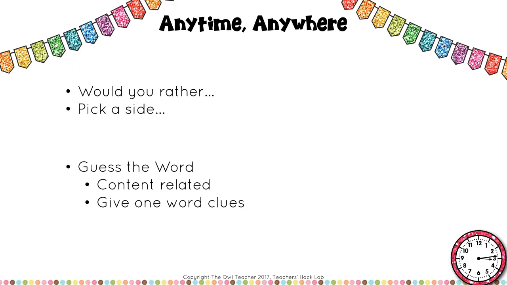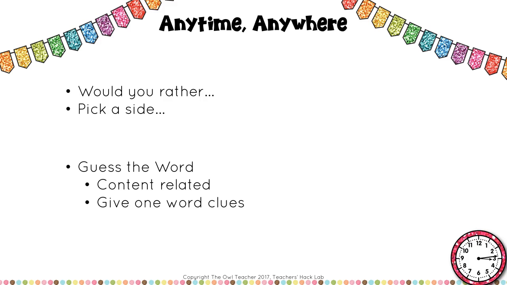Okay, another activity that you could do for anytime, anywhere is the activity titled Would You Rather? So you could say, would you rather go to Paris, or would you rather go to Australia? And then have students explain. Or would you rather eat pizza, or would you rather eat ice cream?